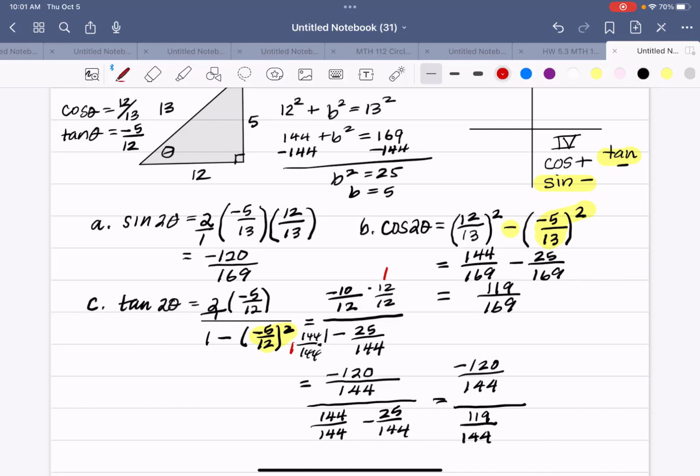And since we would have to flip, these 144s would cancel out. And we will get, for our tan 2 theta, negative 120 over 119. So my final answer for the tangent of 2 theta is negative 120 over 119.